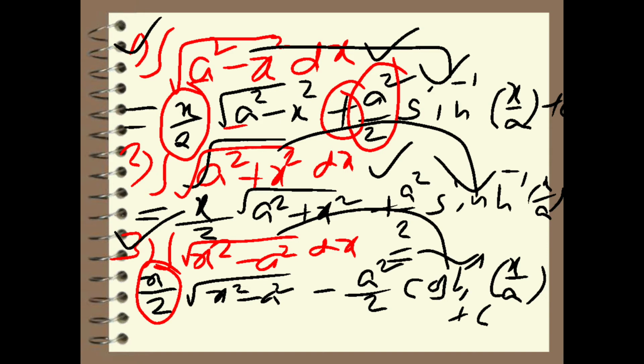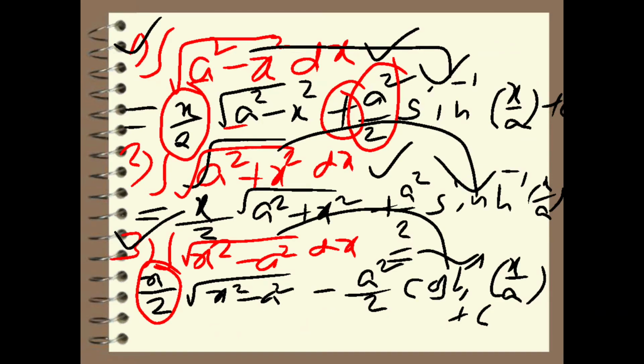all these three have two parts: root a square minus x square, root a square plus x square, root x square minus a square. First part is common, x by 2, and second part a square by 2.